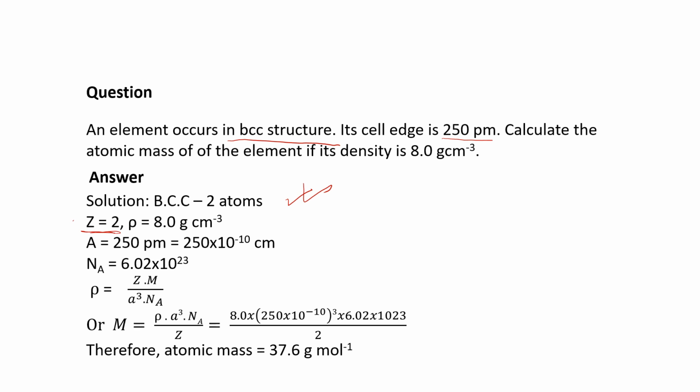Rho is given as 8 gram per centimeter cube. A is equal to 250 picometer. Just change it to centimeter, 10 to the power minus 10. Avogadro number you know, 6.02 into 10 to the power 23. Now just put it in the formula, only M you don't know. Calculate, you'll get 37.6 gram per mole.